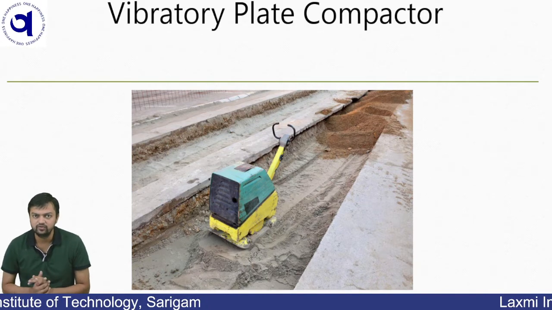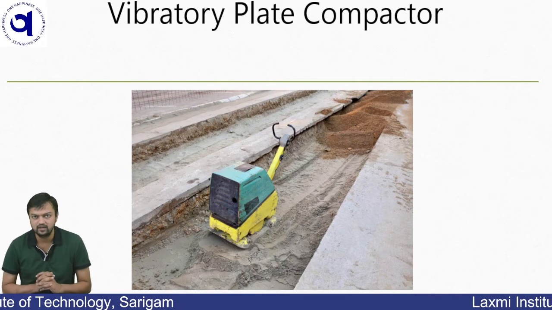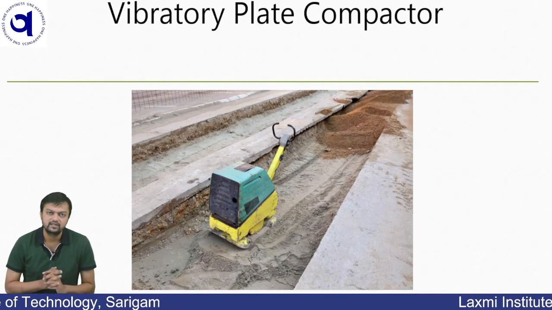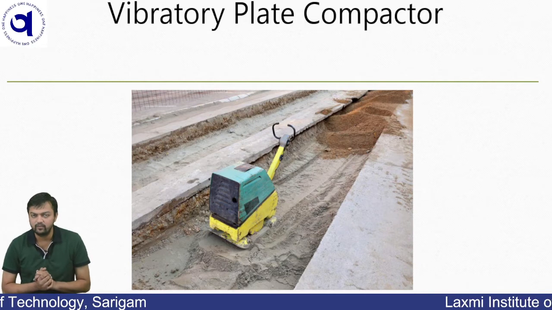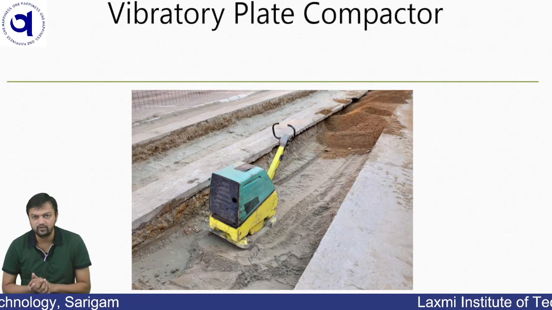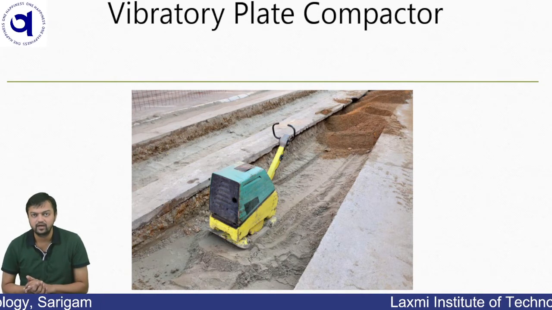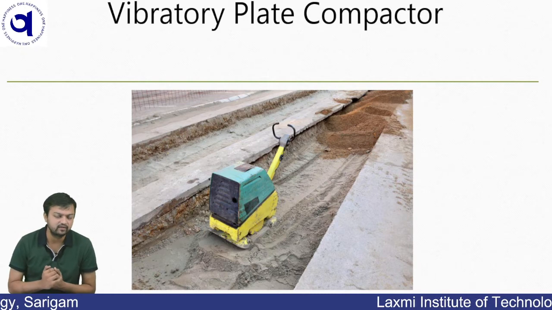As I told you, these are the factors governing the selection of compacting equipment. We need to select the compacting equipment according to the type of soil, the compaction that is required, and the loads that are going to be imposed in the future.